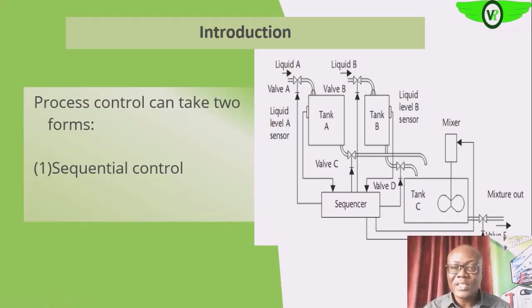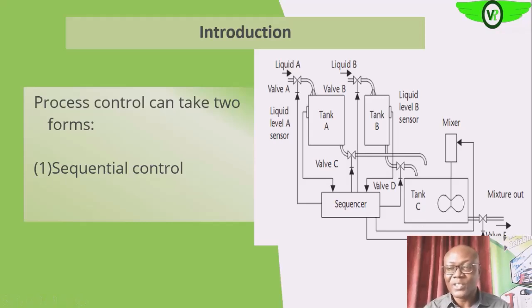So when this process has been completed, then these valves will open and it will be discharged into tank C. And then the process that is needed here, probably the mixing of the mixture and subjecting it to other conditions also, will now take place.